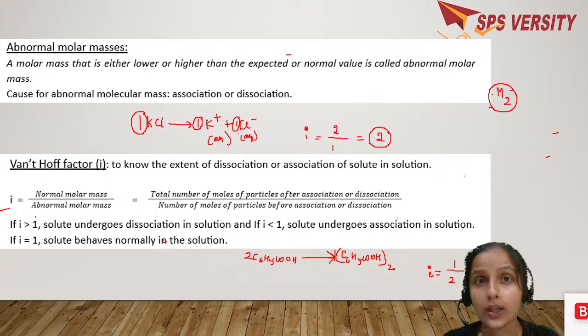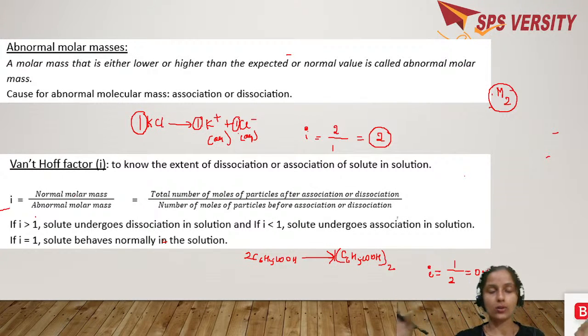This is lower than 1. So this particular solute undergoes association in the solution. So the i value is really going to help to find out whether a particular solute undergoes association, dissociation, or behaves normally in the solution.